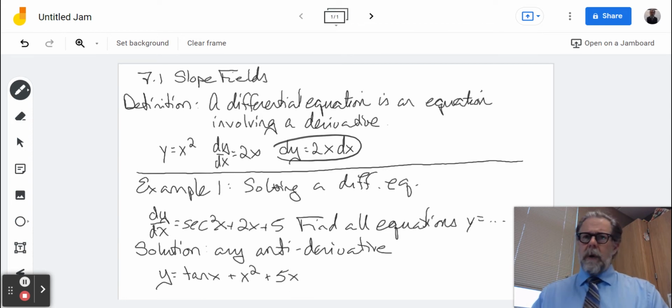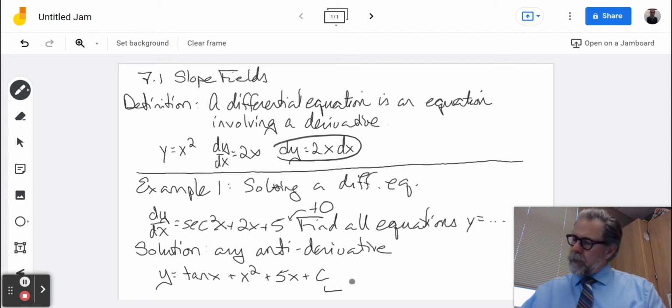We also know that the derivative of a constant is equal to 0, which means that theoretically, there could be a plus 0 on the end of this derivative, which means that we need to put a constant on the end of this function.